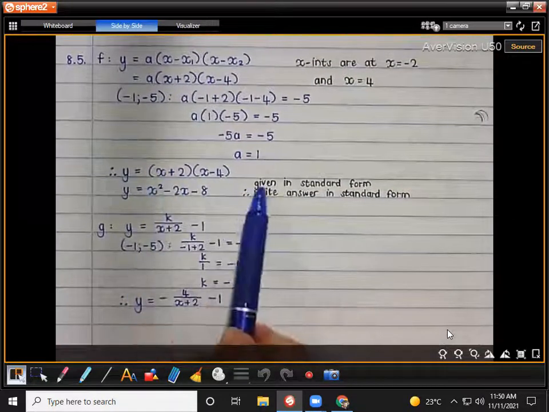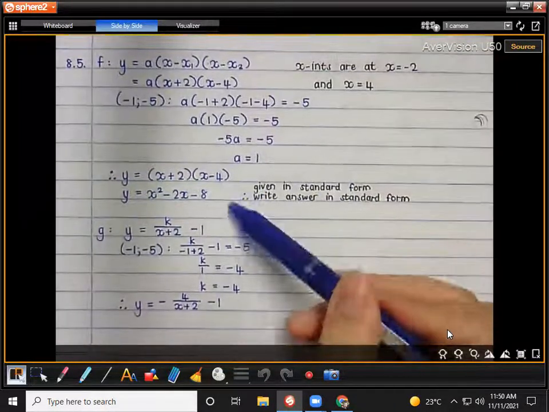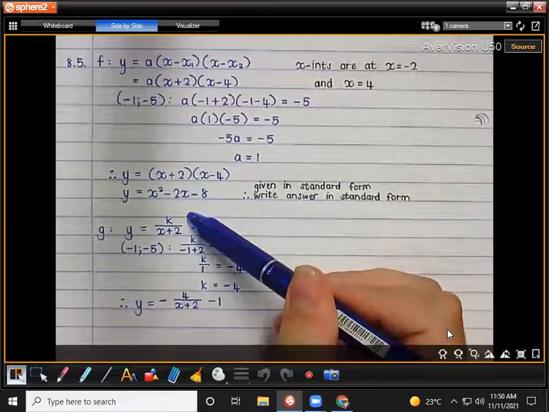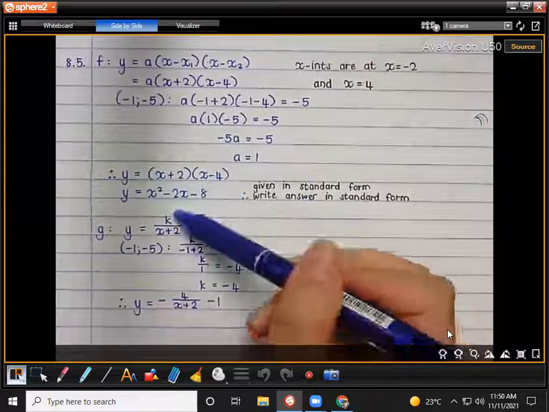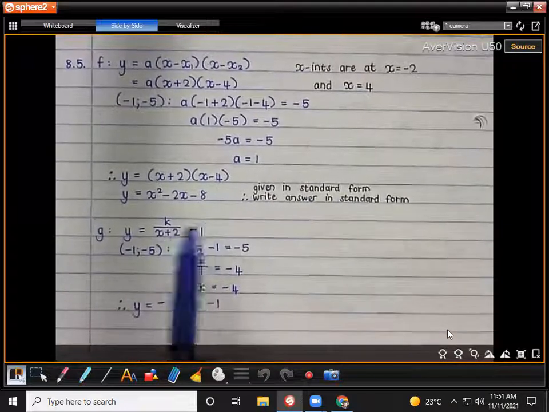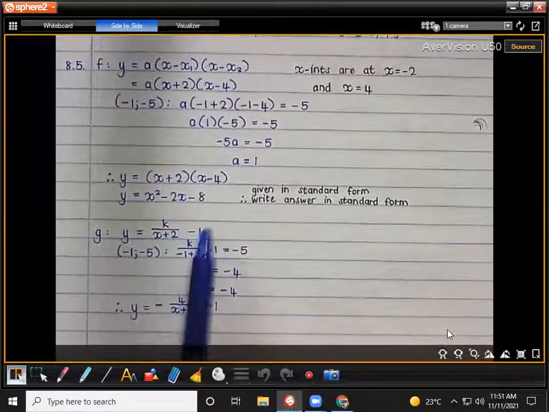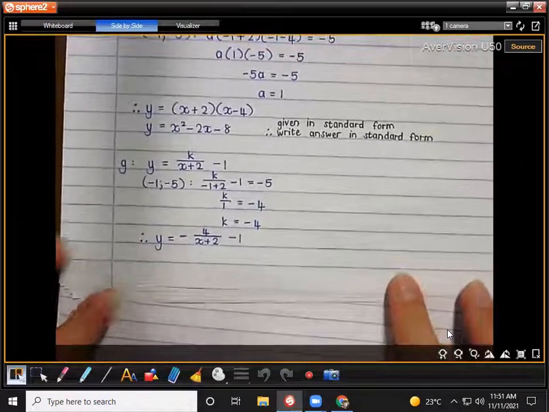Now, guys, again, because they gave us standard form, they said F is y equals ax squared plus bx plus c, you have to write your answer in that form as well. Okay, so if you get it like this, this is actually an okay equation, but you have to give it in the form that it was asked in. That makes sense. For G, you had your asymptote values already, and then I just subbed in the other point, and I got that equation.